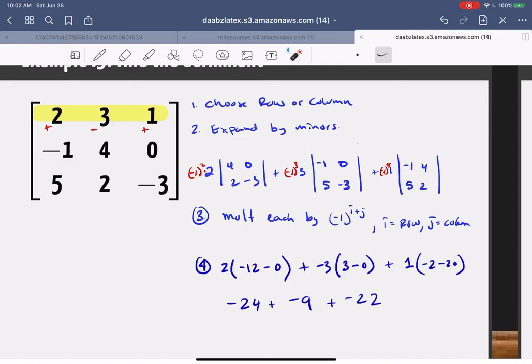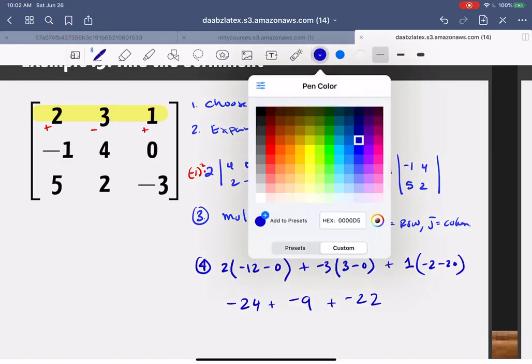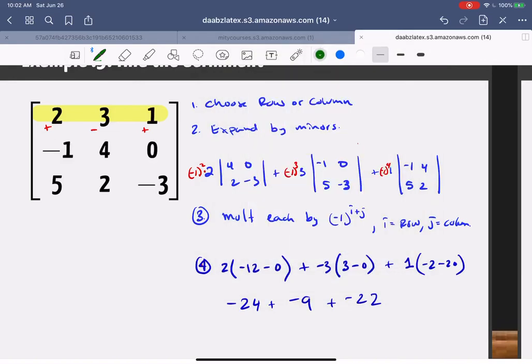Let's just do it for fun on a different expansion, and I'll explain another thing too. Remember I told you that sometimes you might want to expand along rows that have a bunch of zeros, or as many zeros as possible. Let me show you why. So this one, let's just do this one more quickly.